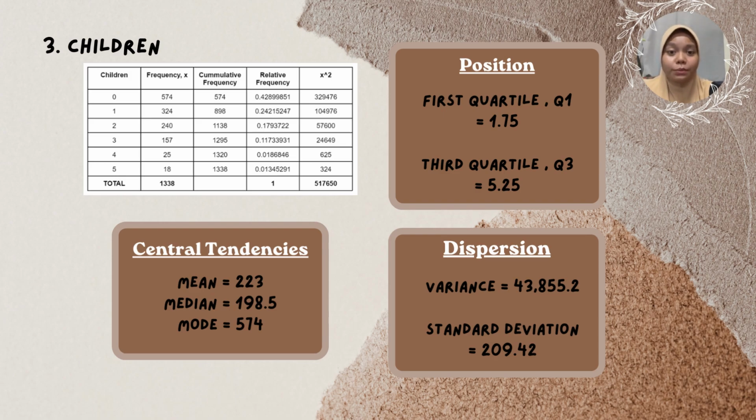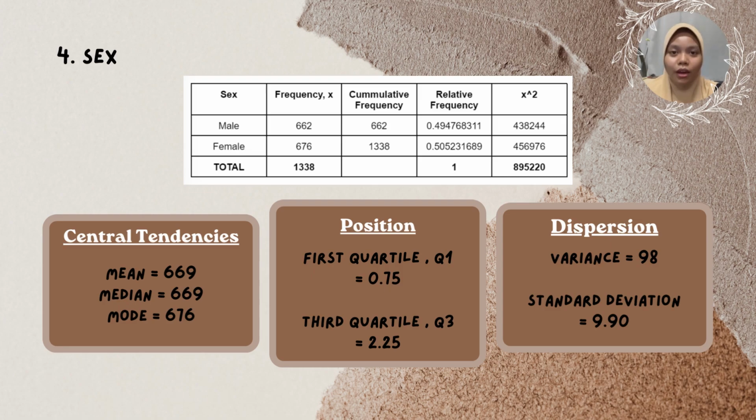For measure of dispersion, our variance is 43,855.2 and our standard deviation is 209.42. For our categorical variable, which is sex, our central tendency for mean is 669.